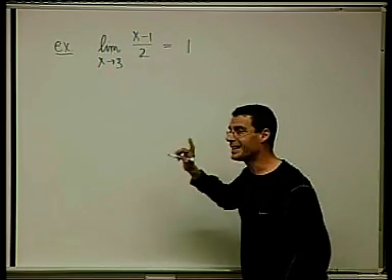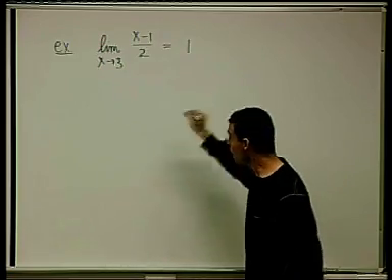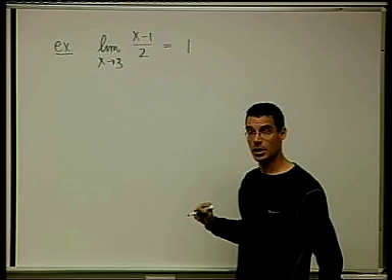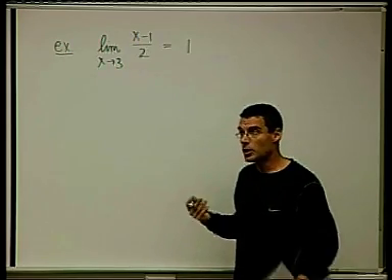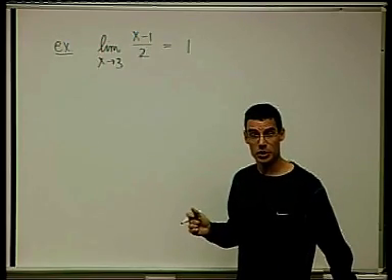But I don't want to calculate it now using things that I know. I want to prove this using that epsilon delta definition. I want to show you how nontrivial working with that definition is.